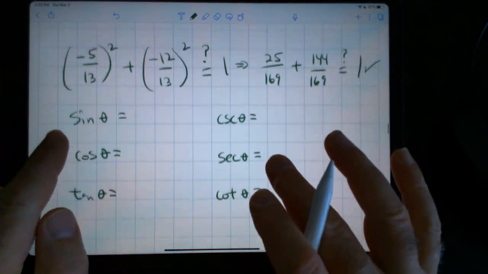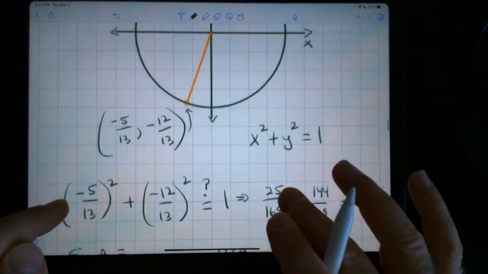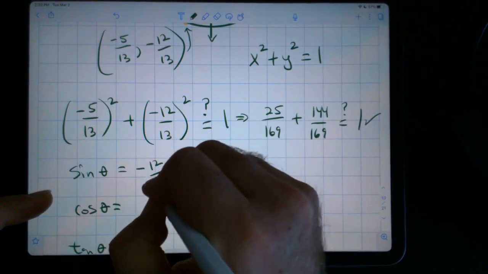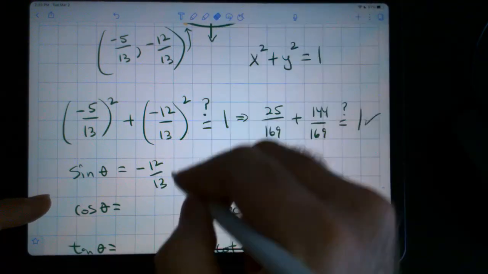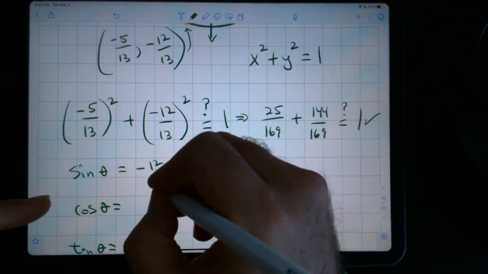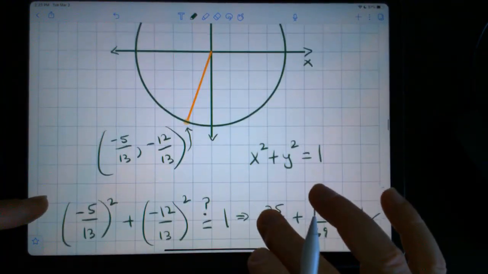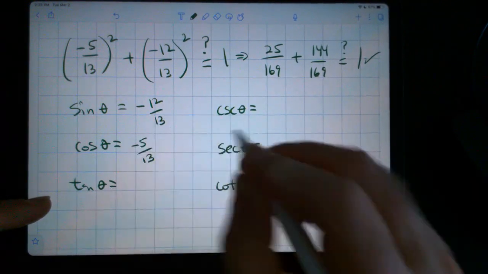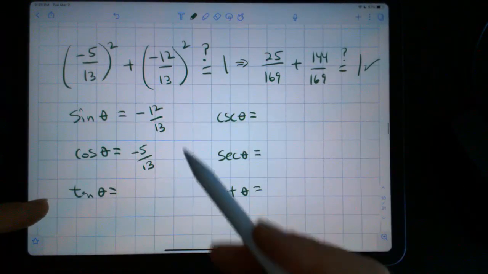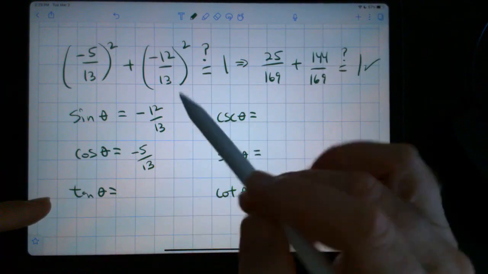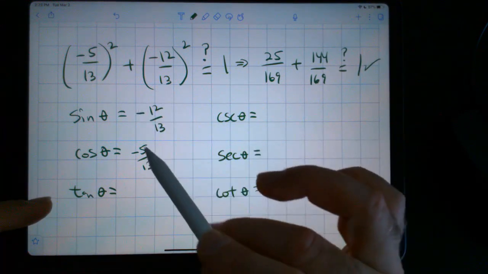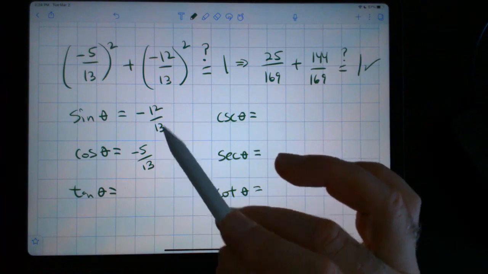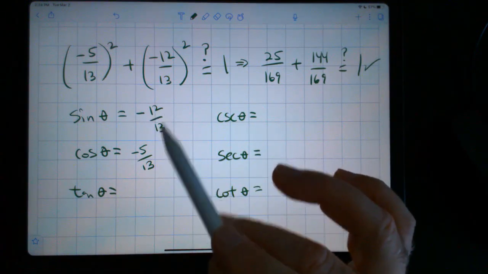So sine is your y value. So sine of this is negative 12 over 13. Cosine is your x value. You have negative 5 over 13. Tangent is your sine over cosine. So if I have all of sine over all of cosine, the denominators will simplify out. So it's basically just negative 12 divided by negative 5.